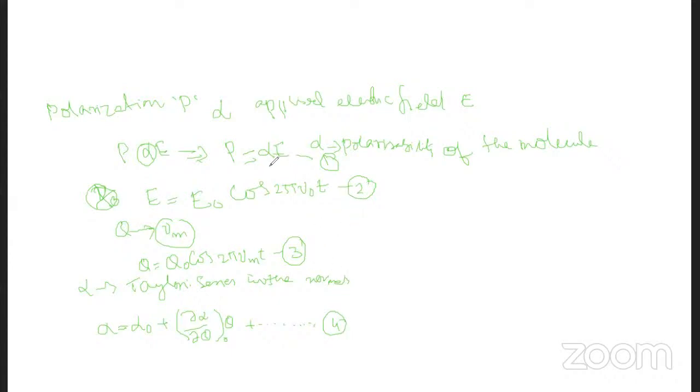We substitute because we have the electric field E naught cos 2 pi nu naught t, and we have expressed the polarizability of the molecule in terms of a Taylor series. So we substitute all these in equation 1.